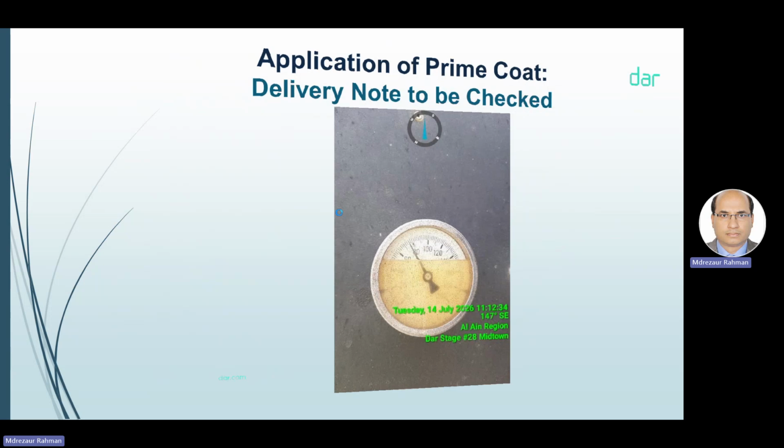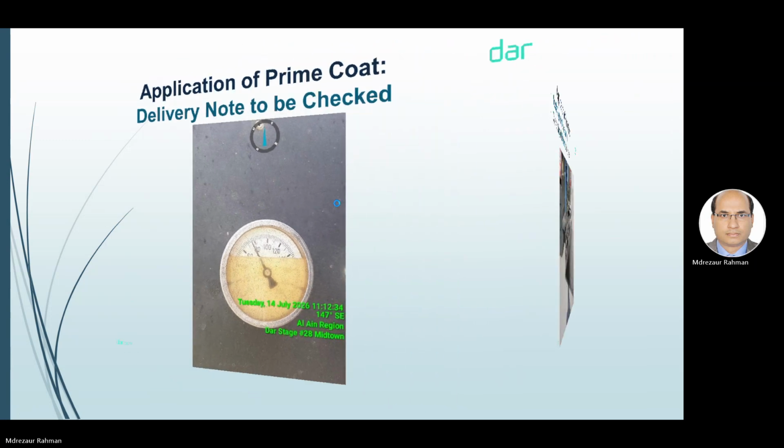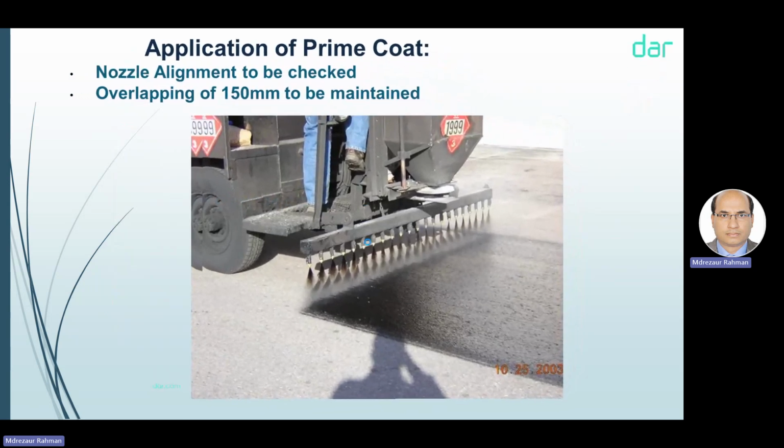What I told you about prime coat, in this photo, if you see the temperature is showing 80, between 60 to 80. Now what I told you about the nozzle. If you see below, this is the nozzle. This cannot be vertical. It is recommended that it should be 15 to 30 degrees inclined.